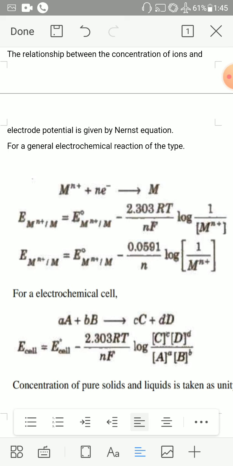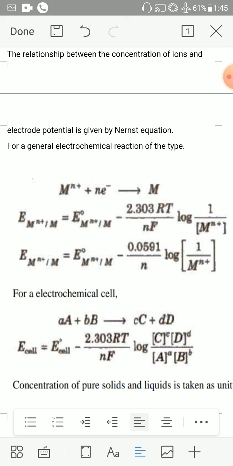0.0591 by n. If you put the value of R and T, if T is taken as 25 degrees Celsius or 298 Kelvin, then the value of 2.303 RT by F, and F means Faraday, and 1 F is 96,500.